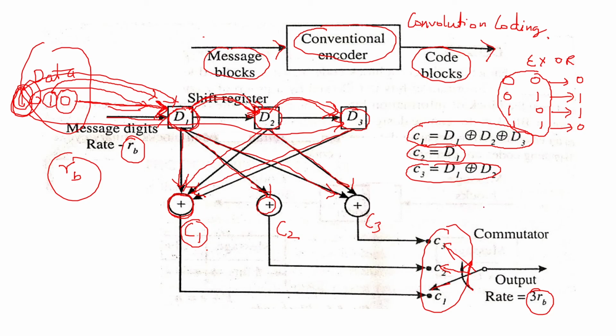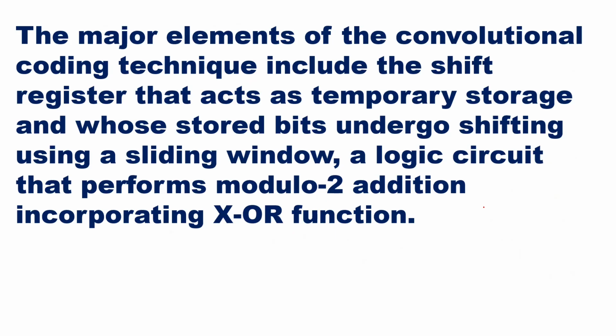And that you are going to send. Okay. So this is a method by which you do convolutional coding. In this method, we are basically using shift registers and modulo 2 additions, where you have XOR operations. Okay. So here you can see the definition for that.